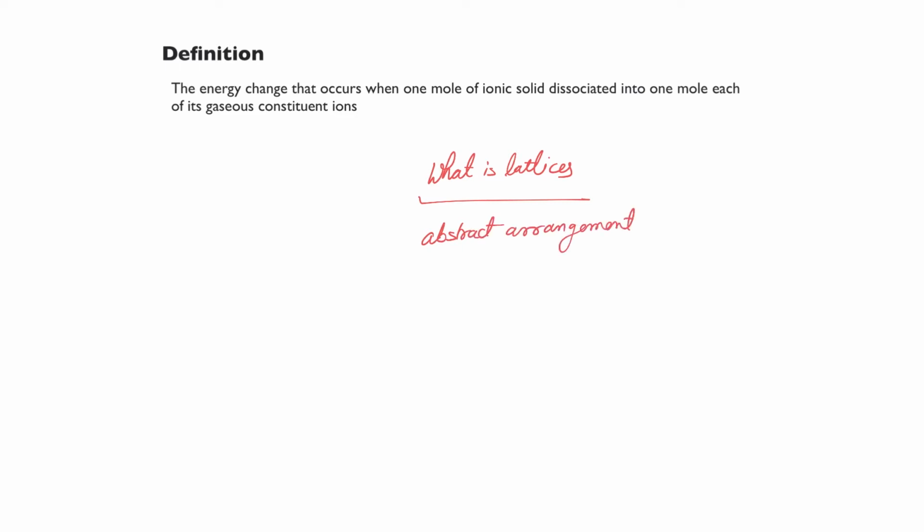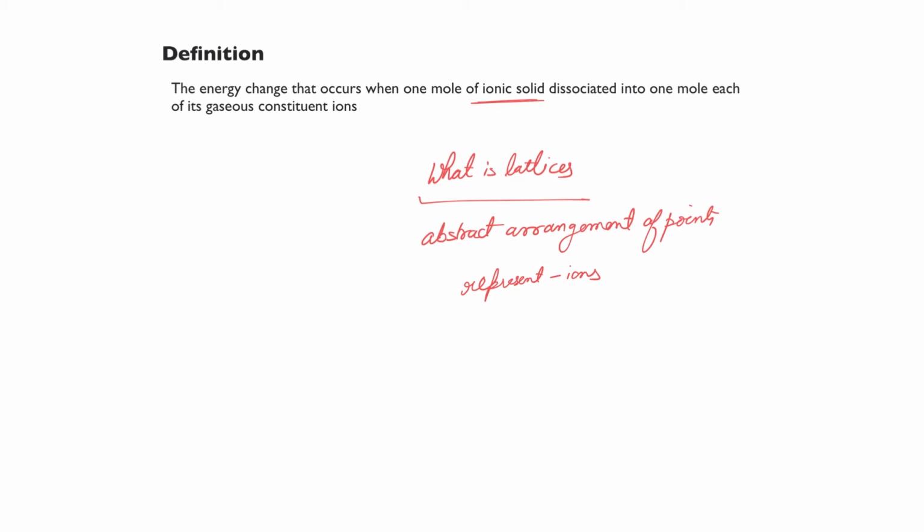You do not have a physical location, but it's an abstract arrangement of points where each point represents ions. So we define lattices for ionic solids. First of all, we should be very much clear what lattice is. It's an abstract arrangement of ions.